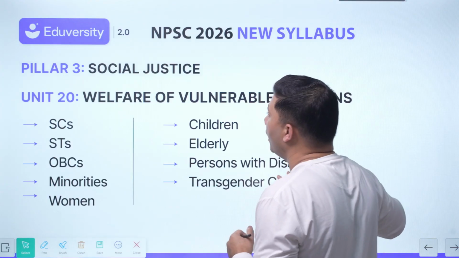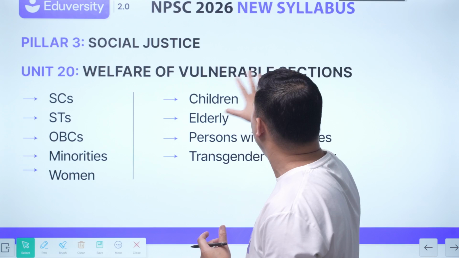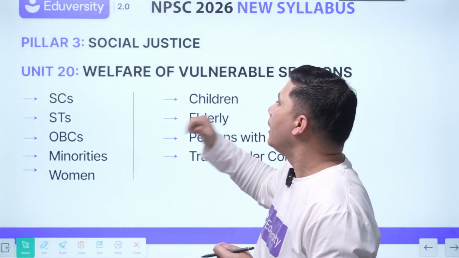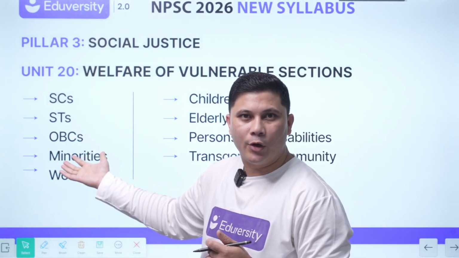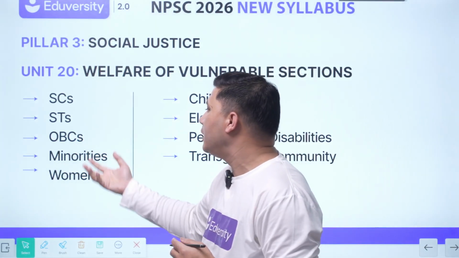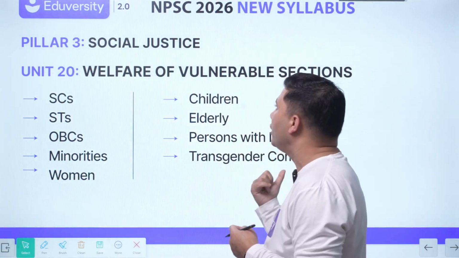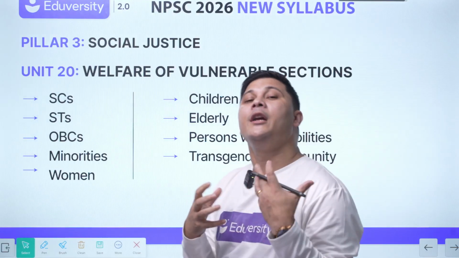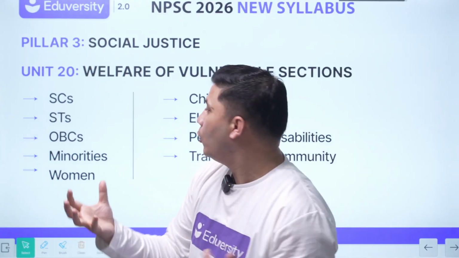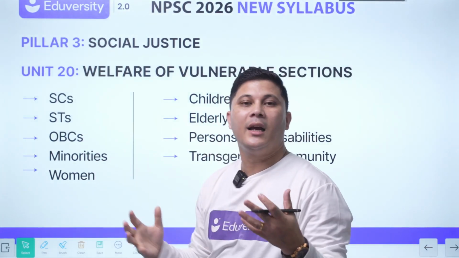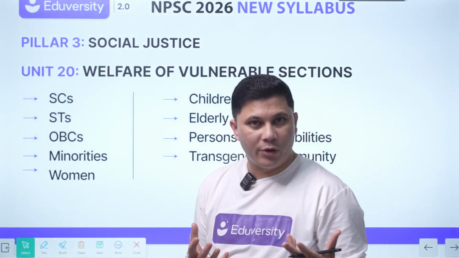In GS Paper-II, in social justice, we basically study the welfare of the vulnerable sections, like the welfare of the SC/ST communities. You got the point, right? After that, the OBCs, minorities, women, children, the elderly, and the transgender community, what initiatives are being taken, and which bodies look into the welfare of the SC/ST, like the National Commission for Scheduled Castes and the National Commission for Scheduled Tribes.